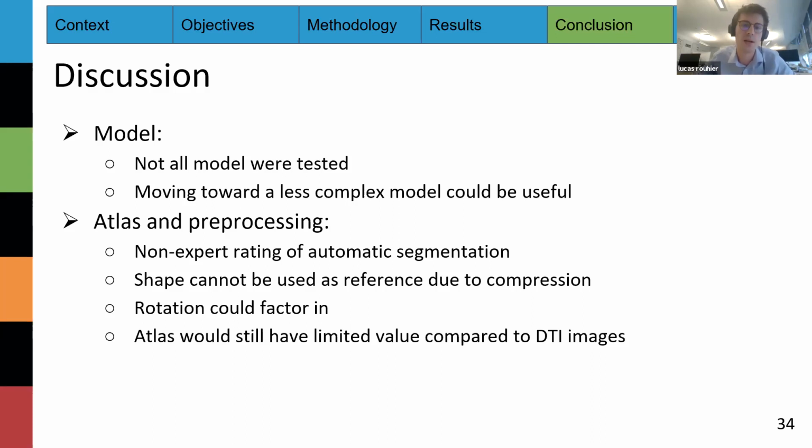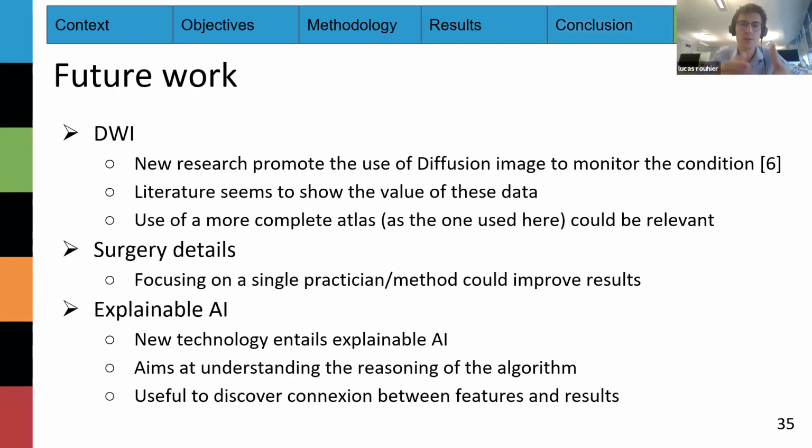Of course, an atlas would still have limited value compared to DTI images, but it could still be interesting, because the previous study only used an atlas with 8 labels, and the atlas that we used here used 50 labels, so 50 different regions of interest within the spinal cord. And it could be relevant to use that in a future study.